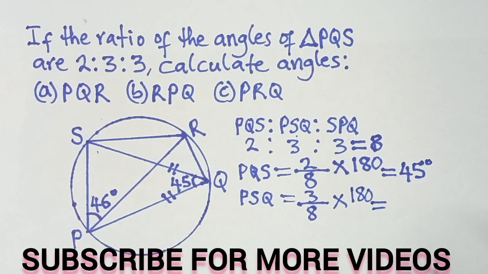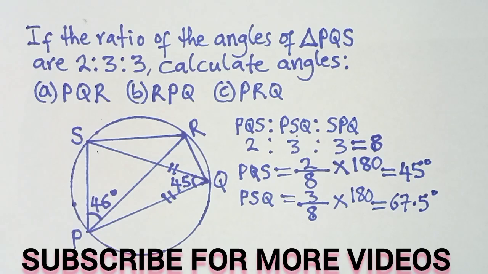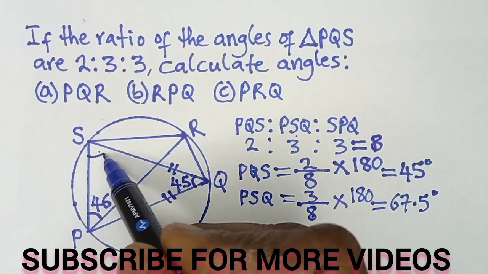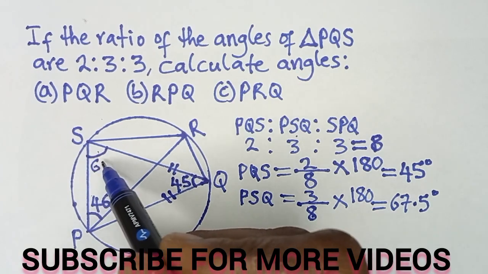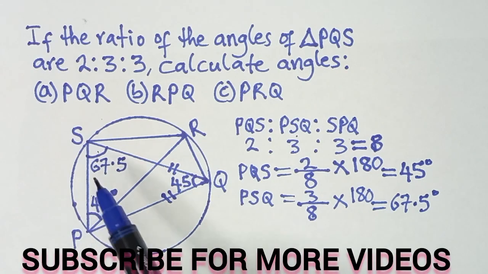If we multiply 3 divided by 8 by 180, it's going to give us 67.5 degrees. Meaning that this angle here is 67.5 degrees.